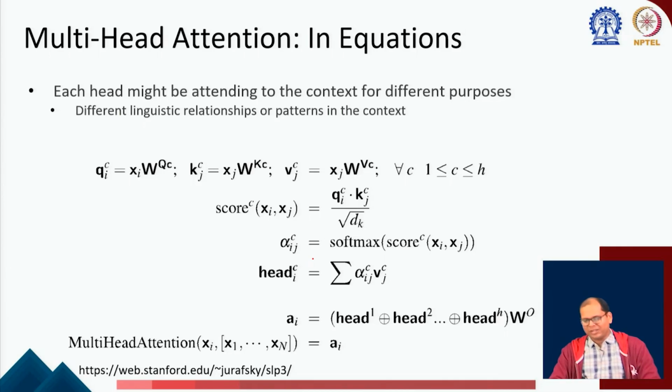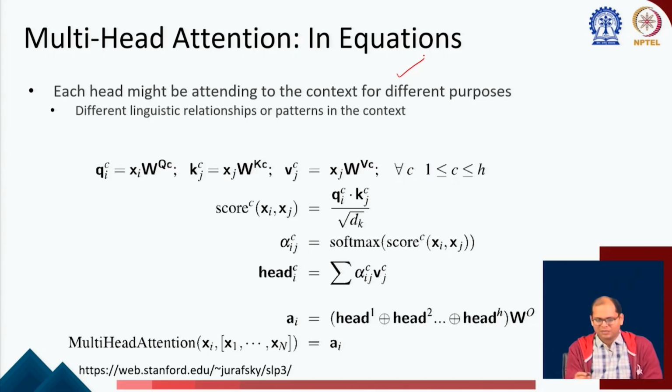So in terms of equation, how does that look? It's very similar, except that now you have multiple query, key and value matrices. Each head might attend to the context for different purposes, which may be different linguistic relationships or patterns.